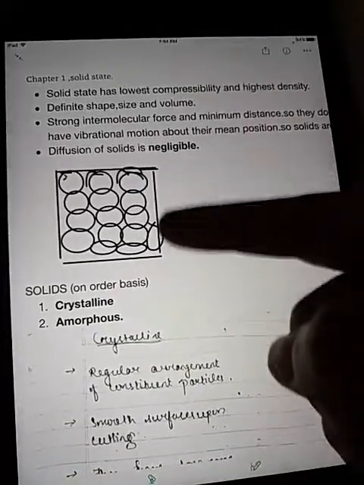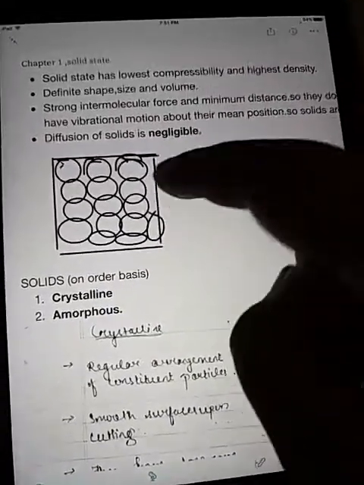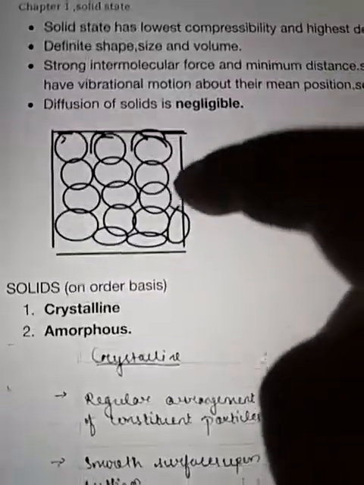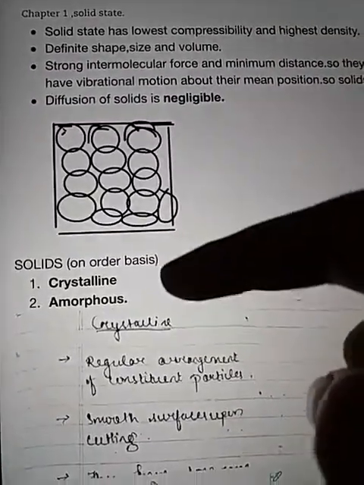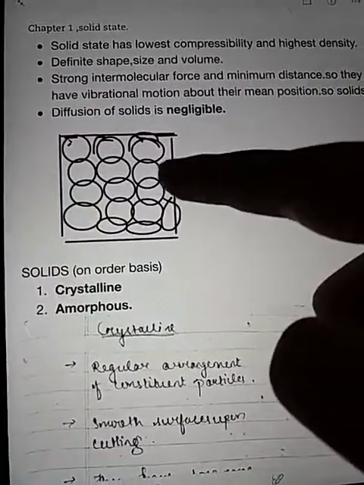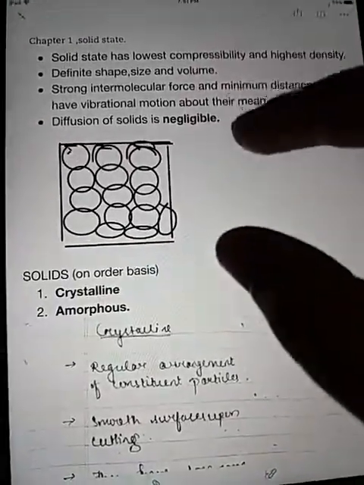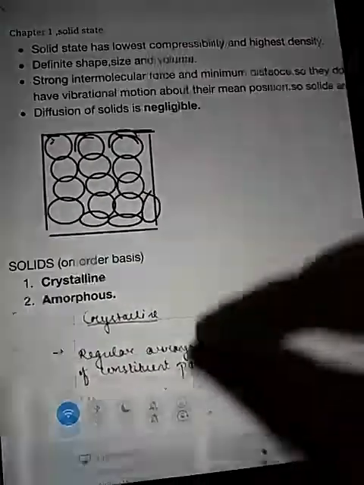There is hardly any space between the molecules or atoms. See here, there is hardly any space. Here it is a bit more space, but the structure is very tightly packed.